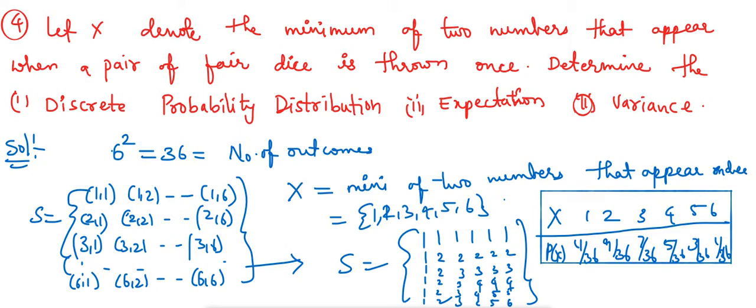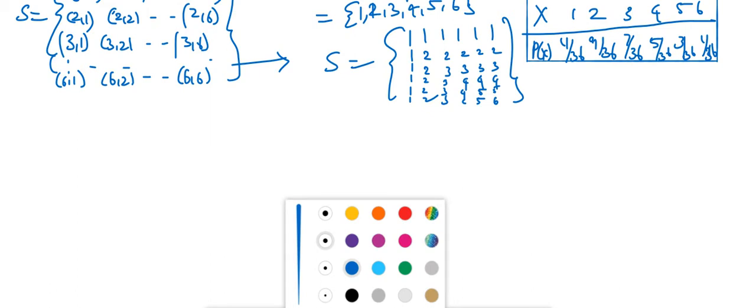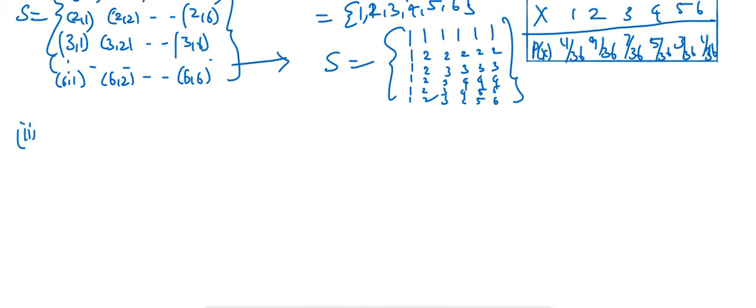Next we can find the expectation. Expectation and mean both have the same value. From the distribution table we can find the expectation. Expectation of X equals mu equals the sum from i equals 1 to 6 of xi pi.